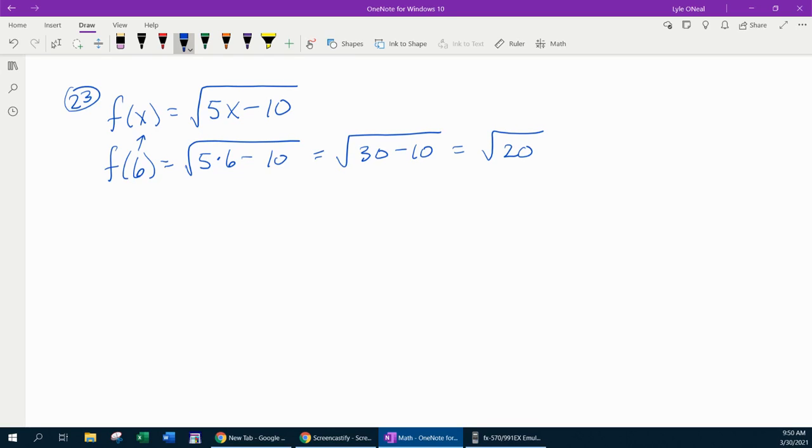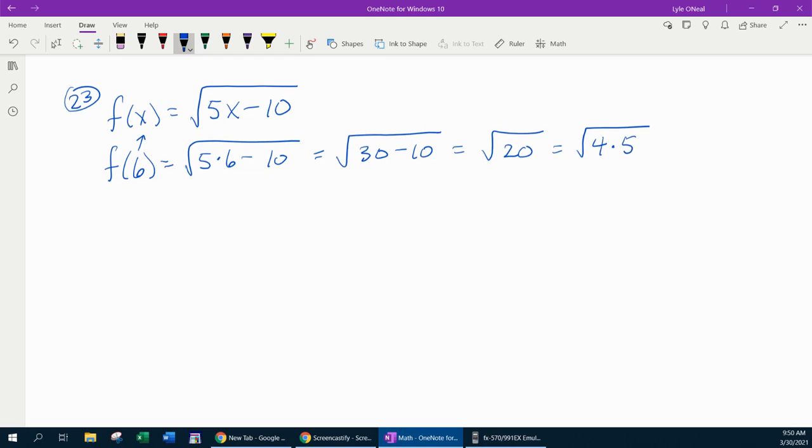And then technically, for your solution to be absolutely correct, the radical needs to be in simplest radical form. Now, notice that 20 does not square root nicely. There are not two identical factors that multiply to make 20, but what we can do is write 20 as two factors where one of them is a perfect square.